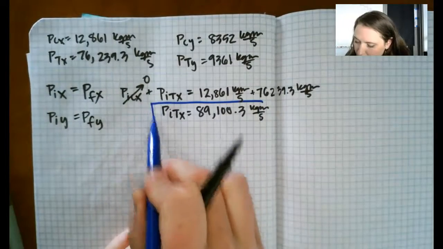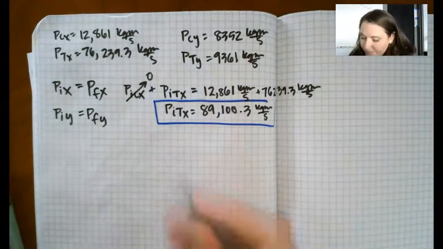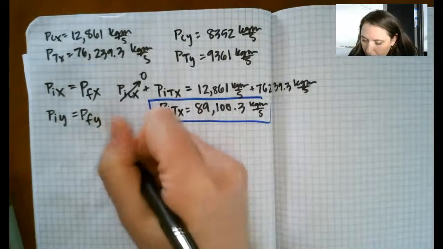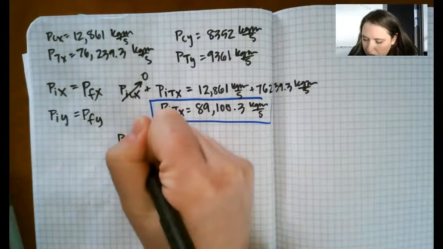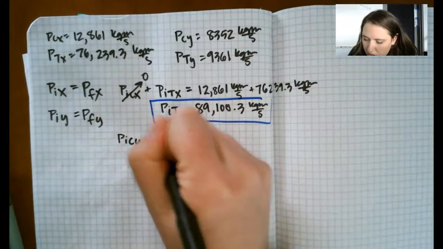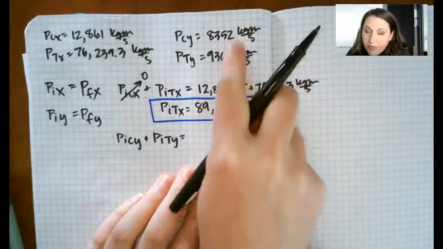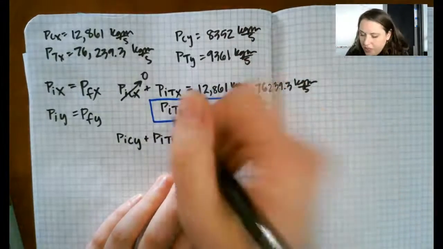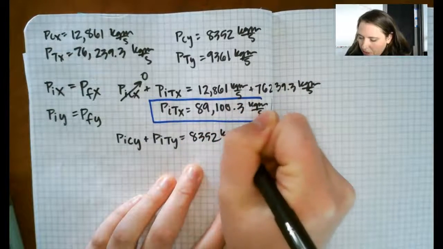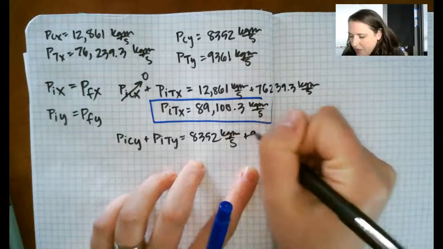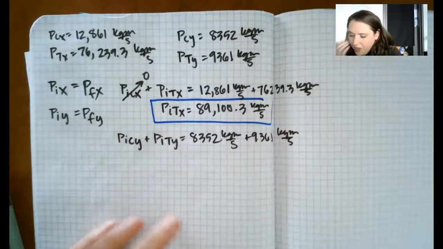I'm going to go ahead and do the same thing for the y direction now. The initial momentum of the car in the y direction plus the initial momentum of the truck in the y direction is going to be equal to the sum of my post-collision momenta in the y direction, 8,352 kilogram meters per second plus 9,361 kilogram meters per second.